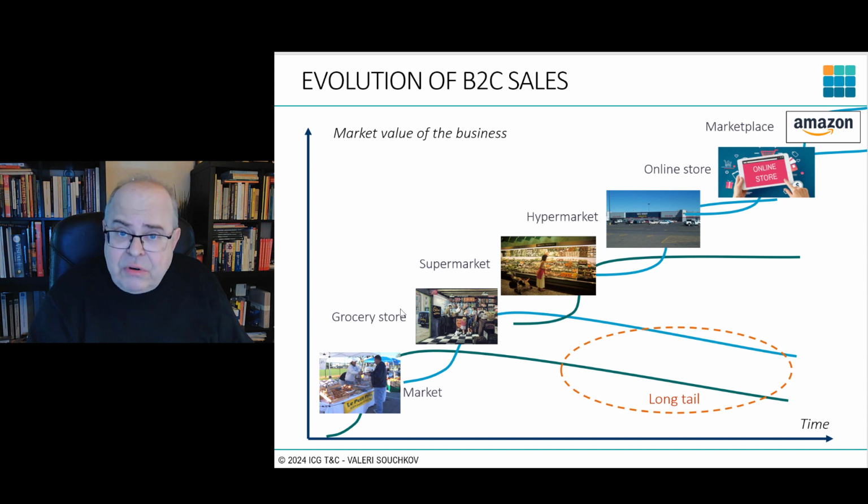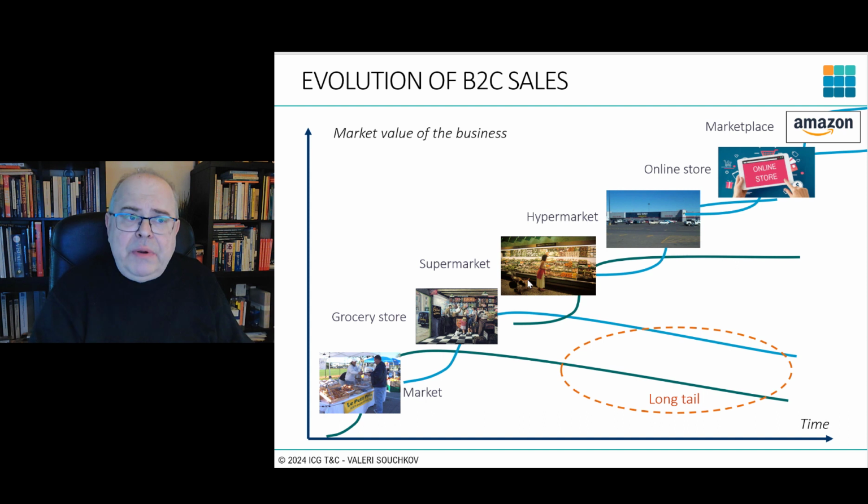A grocery store was built on a bigger, better business model, and could sell products obtained from different suppliers. Then the supermarket was built on another business model, which allowed it to sell products from everywhere in the country.